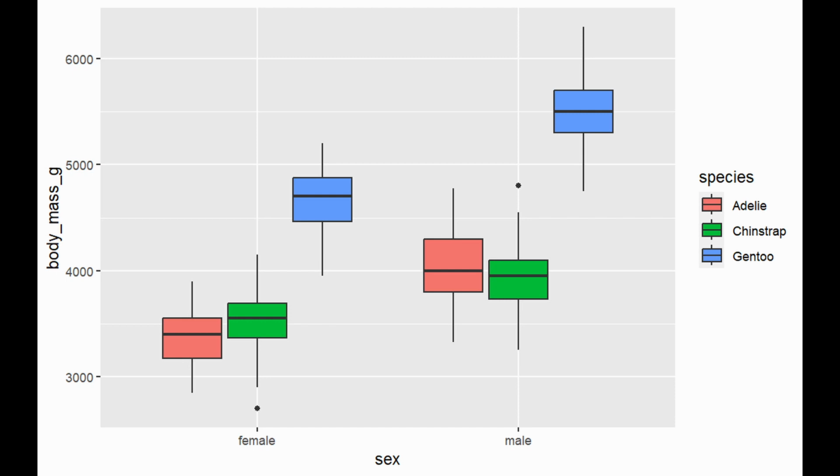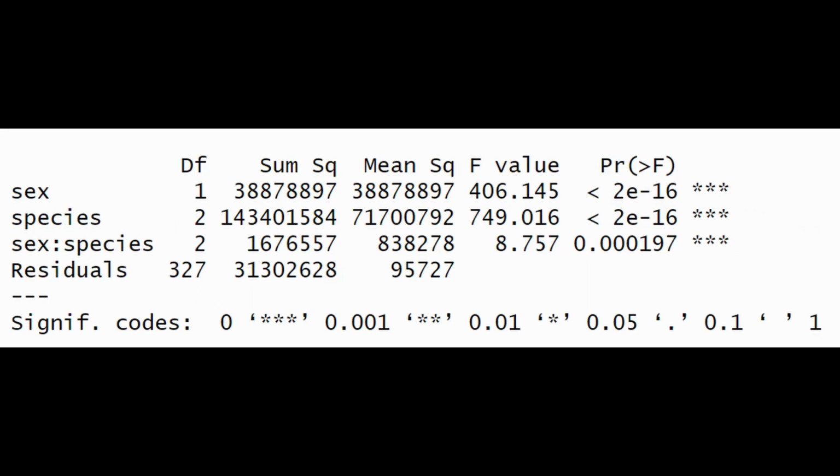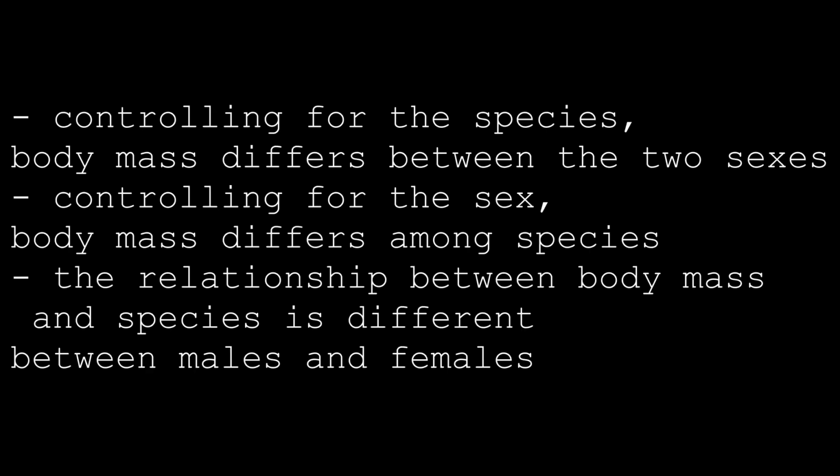In addition, let's look at the output from the ANOVA. This is the ANOVA table. Remember where it tells us the significance value for the main effects of species and sex by species, interaction term. And how would we state our conclusions?